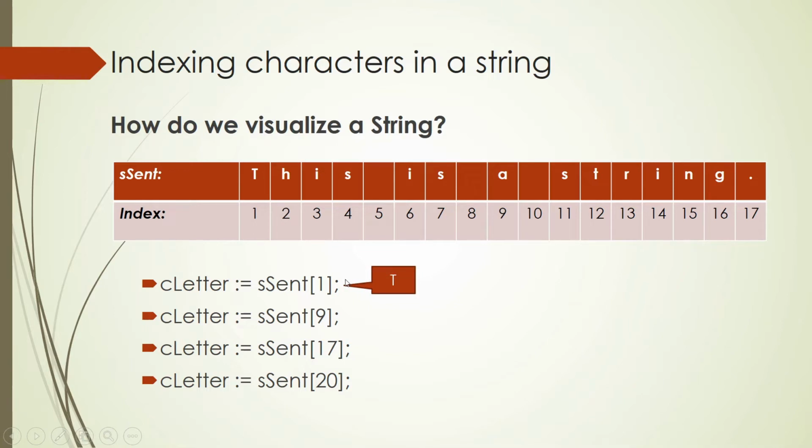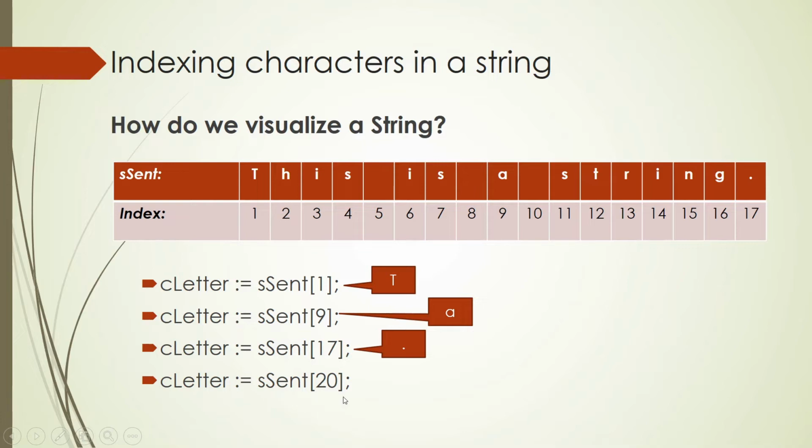The letter T. From the sentence, at index 1 is the character T. So let's look at the next one. Sent at index 9. At index 9, it's going to return the character A. The next one is sent at index 17. At that index, it's going to return the full stop.